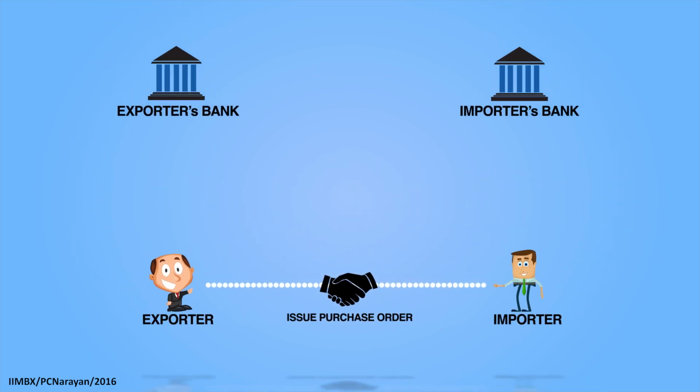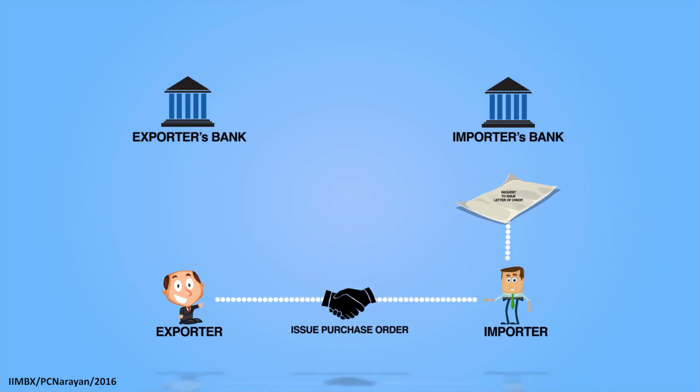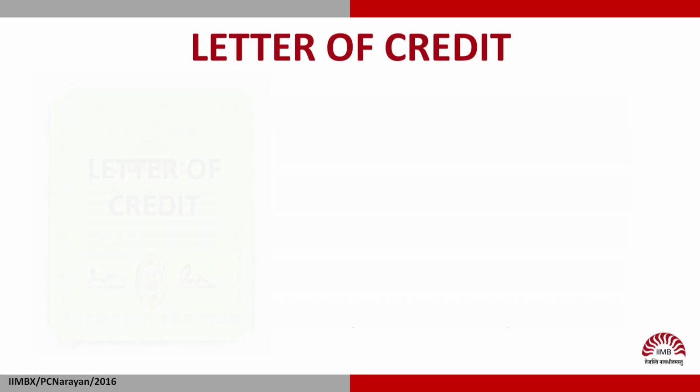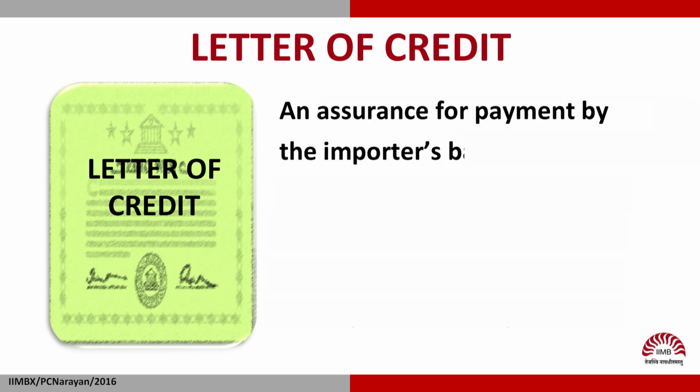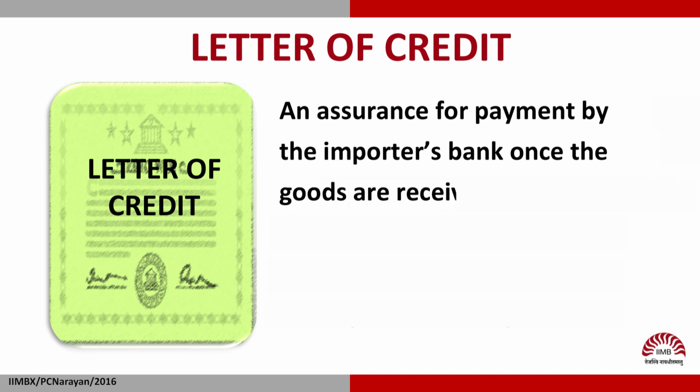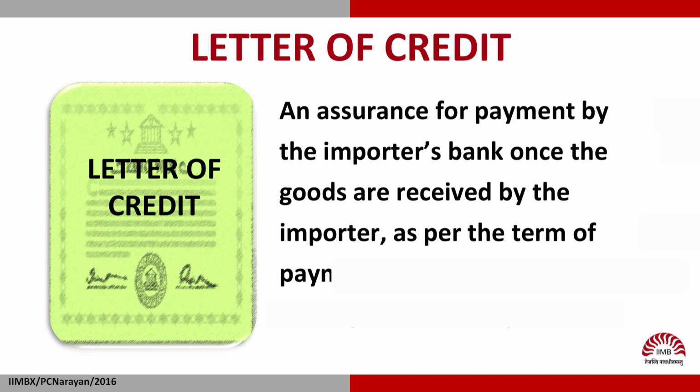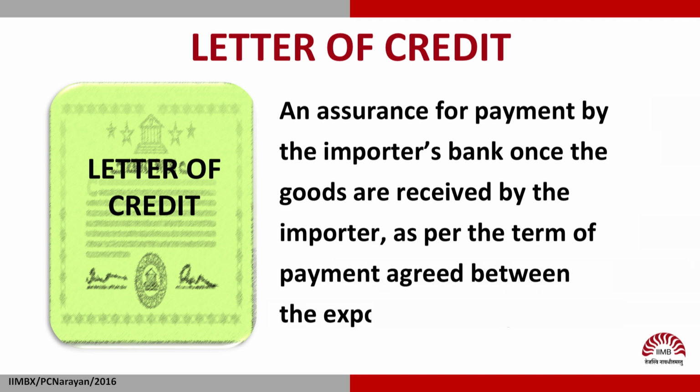Once these are agreed, the importer requests his bank located in his country of domicile to issue an irrevocable letter of credit. This letter of credit, as you will recall, is an assurance for payment by the importer's bank once the goods are received by the importer as per the terms of payment agreed between the exporter and the importer.